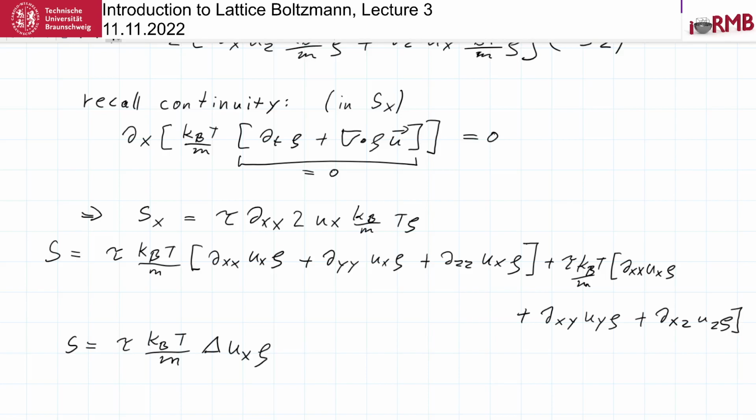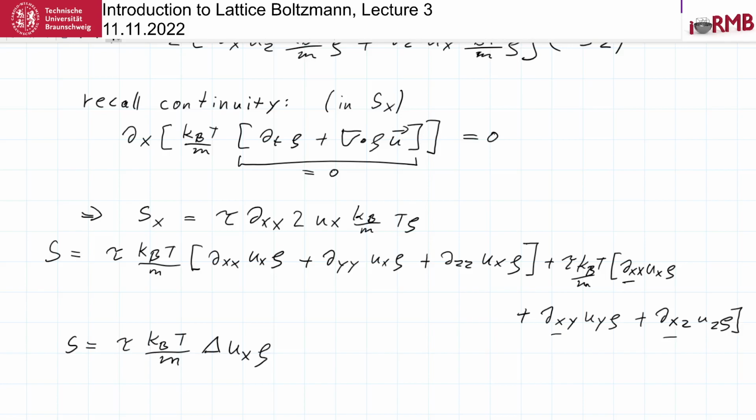And the other part, we identify that there is a dx everywhere in front, and otherwise it is dx ux, dy uy, and dz uz.